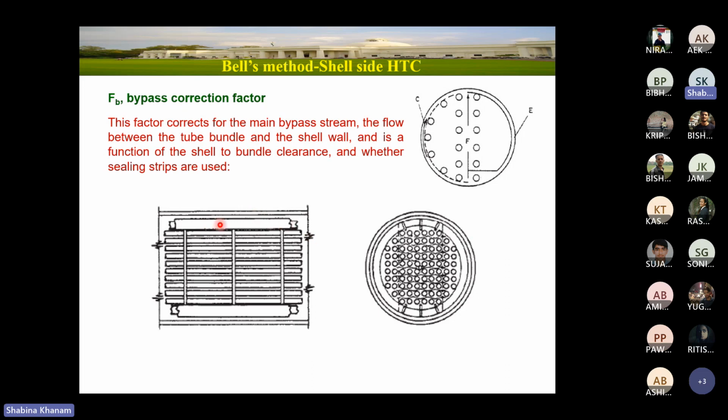Seen from the side, they are nothing but rectangular metal sheets, metal strips which are welded between baffle to baffle. These are placed vertically and welded between two baffles.